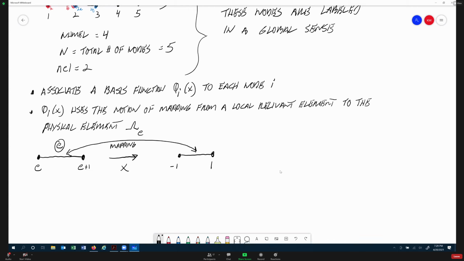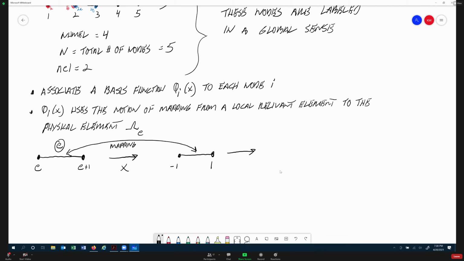And when we're in this domain over here, we're no longer in the X domain. We are in the xi space.